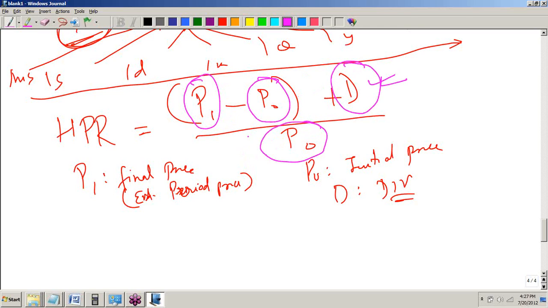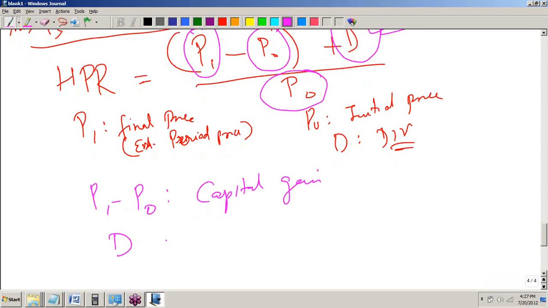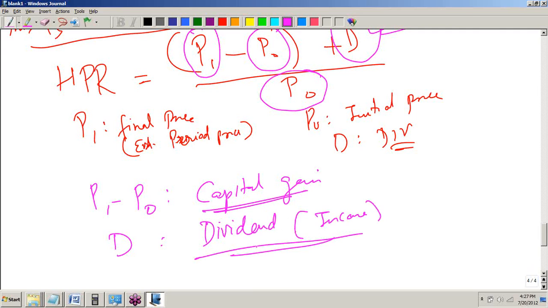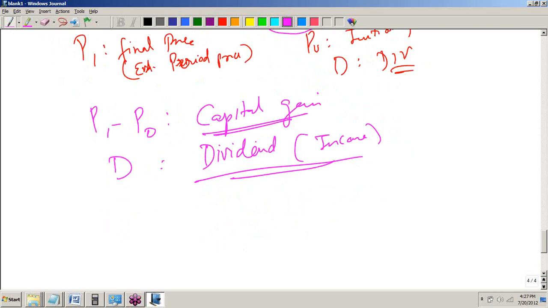If you see this component, P1 minus P0 is a capital gain component. D is a dividend, an income that you are getting. So there is a capital gain component and a dividend component. Holding period return is very important.